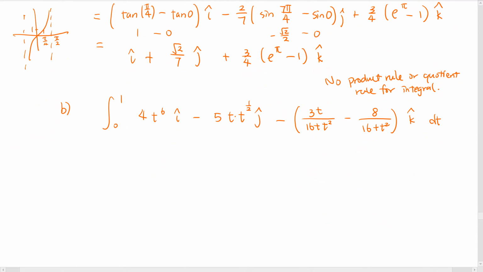Okay, now let's continue. So the first term, integral of t to the 6, we add 1 to the exponent, so it's t to the 7 over 7. And don't forget the 4 in front of it.